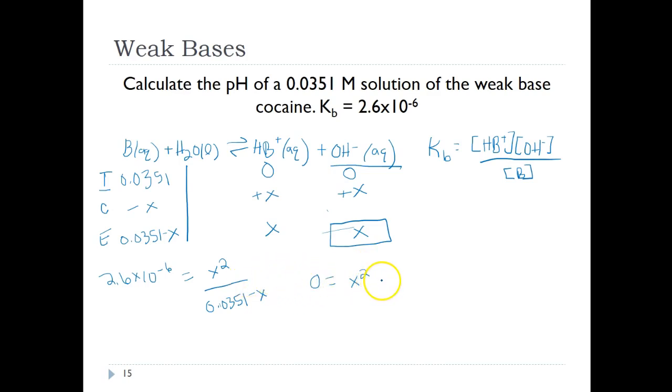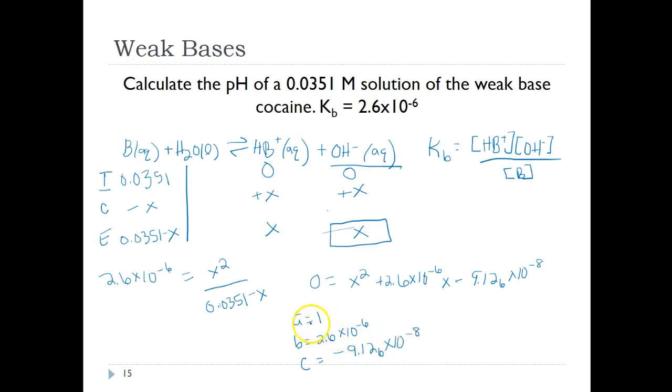So I got x squared plus 2.6 times 10 to the negative sixth x minus 9.126 times 10 to the negative eighth. So A is 1, B is 2.6 times 10 to the negative sixth, and C is negative 9.126 times 10 to the negative eighth.